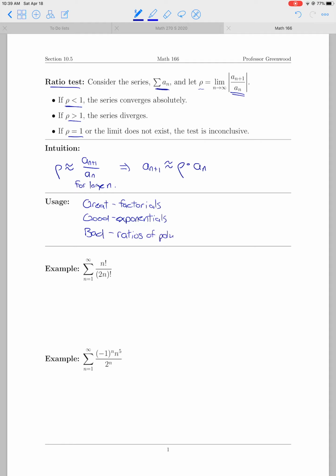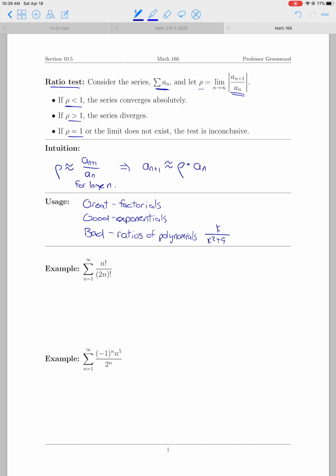By ratios of polynomials, I mean things like k over k squared plus 9. That sort of series, we already know how to deal with using either the direct comparison test or the limit comparison test. It's not that we can't deal with these things, it's just that if you tried to use the ratio test on this, it would end up being inconclusive.